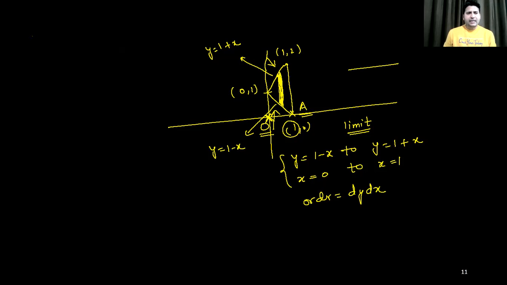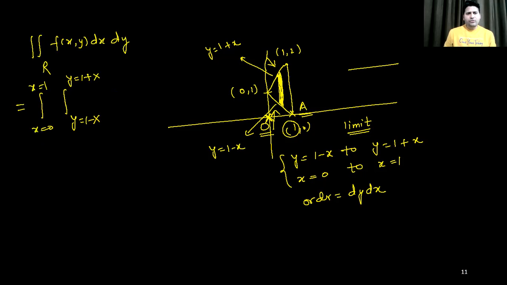It means the double integral over R of f of x comma y dx dy will be equal to the double integral with limits y equals 1 minus x to y equals 1 plus x, and x equals 0 to x equals 1, of f of xy dy dx. Remember this, dy dx, because the order of the integral is now y to x. Y to x means firstly for y, then for x.